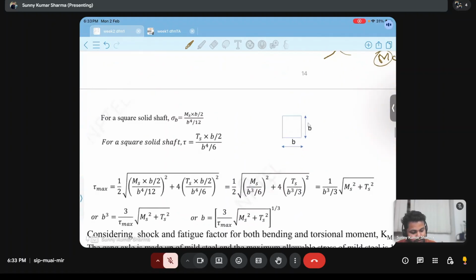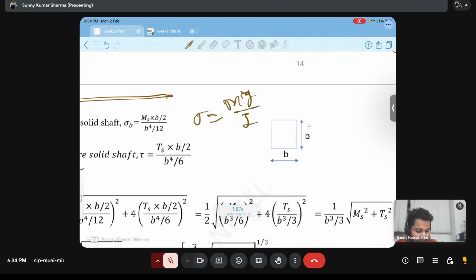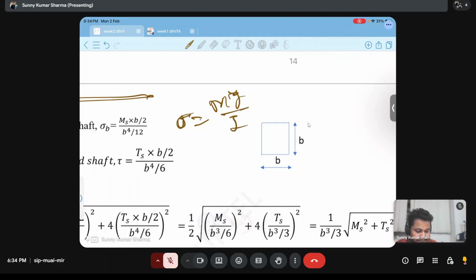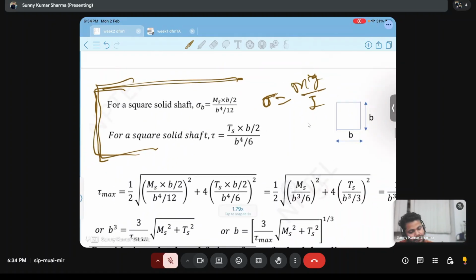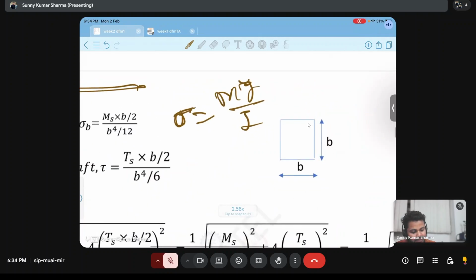Now as we have these two moments, this design equation from strength of materials, which we must have studied during the BTech course, is sigma equal to My by I, where sigma is the design stress, M is the bending moment, y is the distance at which that force is acting, and I is the moment of inertia.